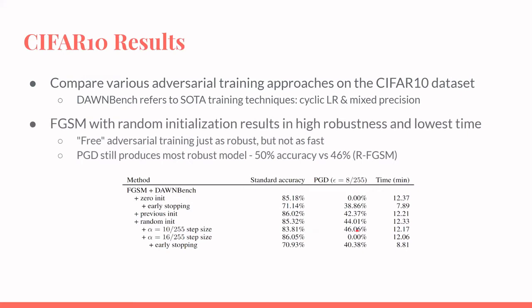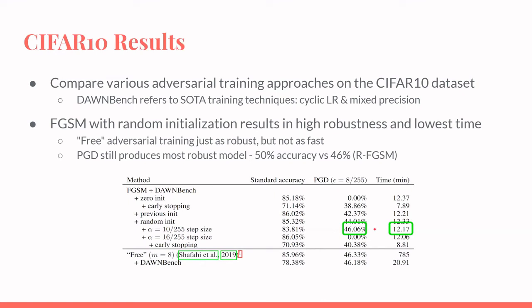Here we can see that the FGSM model with random initialization performs the best in relatively low time. They compare these results with free adversarial training. And although free adversarial training gives similar robustness, it takes significantly longer.